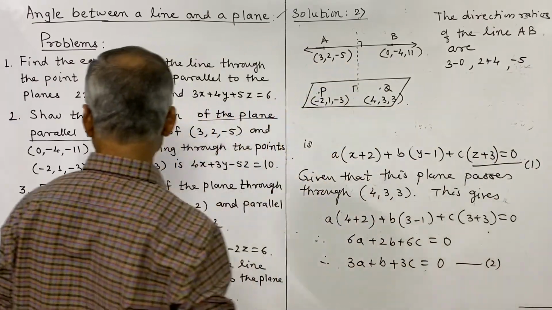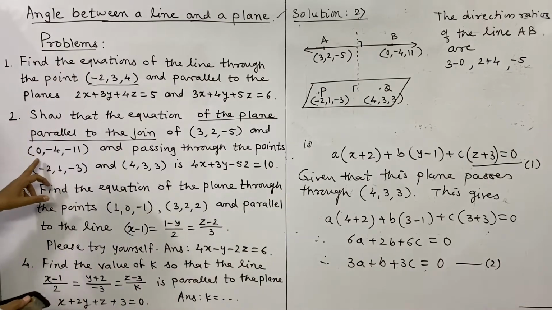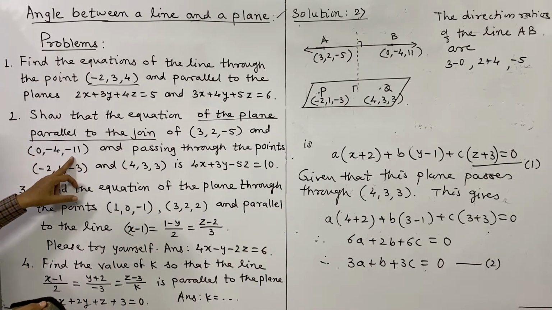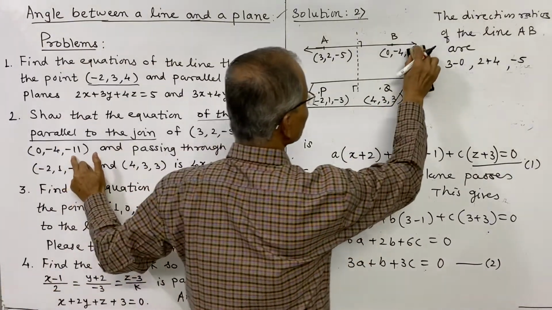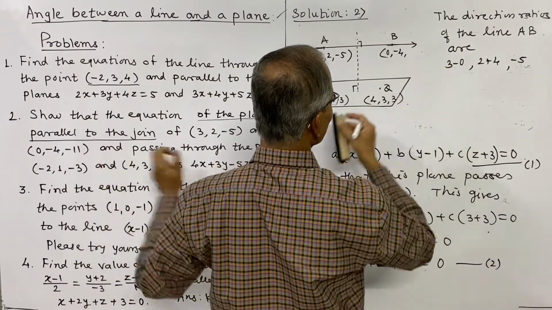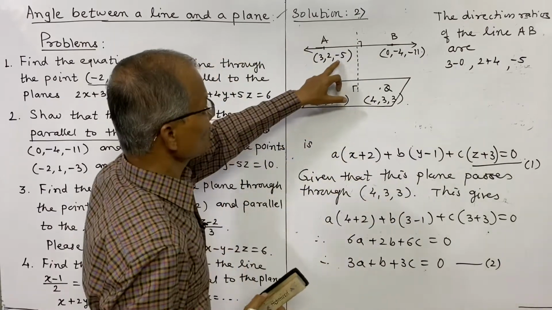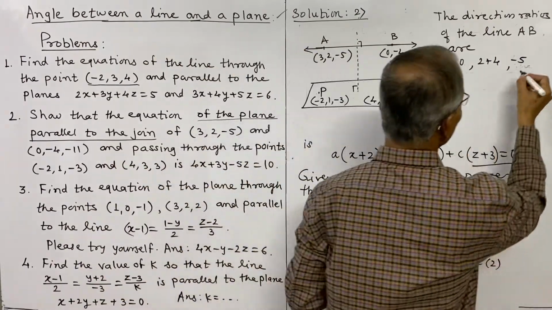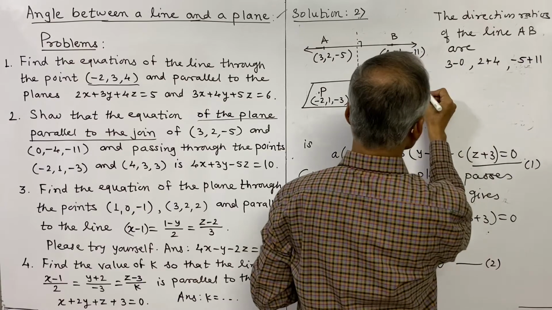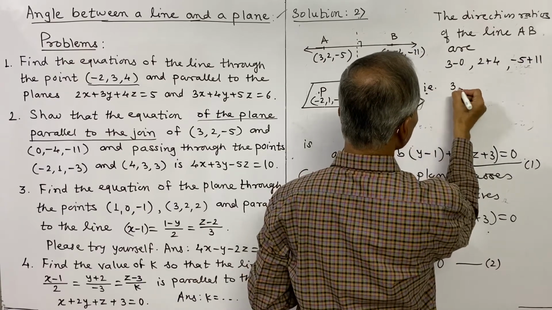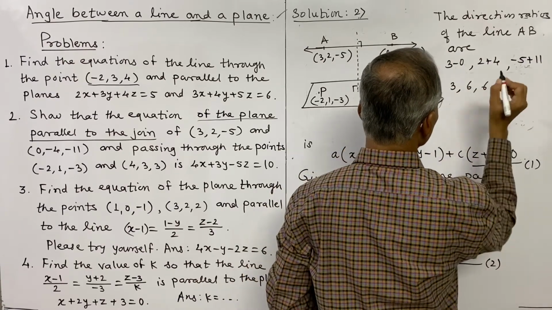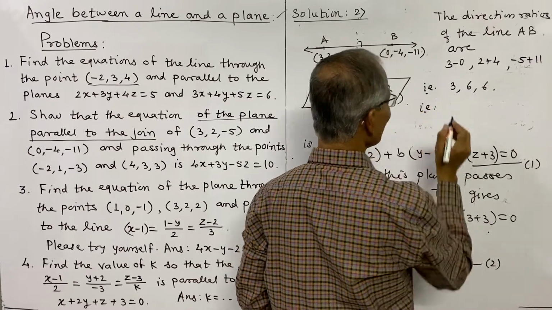The next point is 0, minus 4, minus 11, so that is to be corrected. So this is minus 11. So minus 5 minus of minus 11 will be plus 11. That is, the DRs will be 3, 6 and 6.